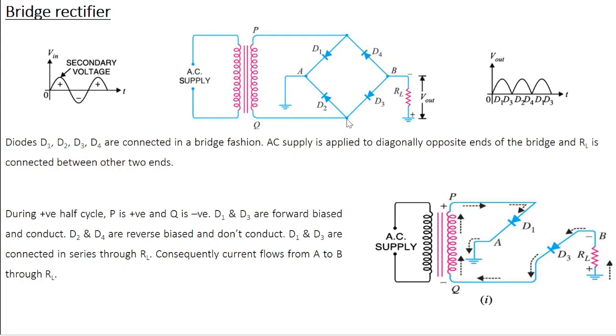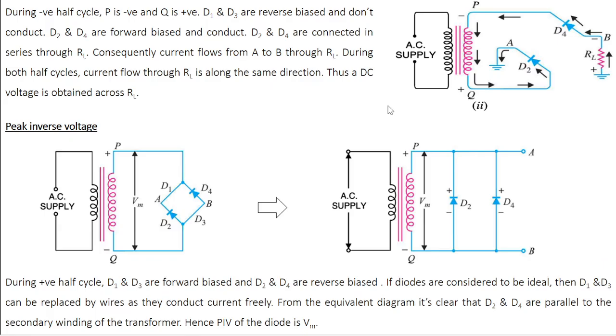Here, this point is now positively charged. For D2, the P side is connected to the positive terminal, so this is forward biased. For D3, the N side is connected to the positive terminal, so D3 is reverse biased. So D1 and D3 are reverse biased, they do not conduct, and D2 and D4 are forward biased and they conduct.